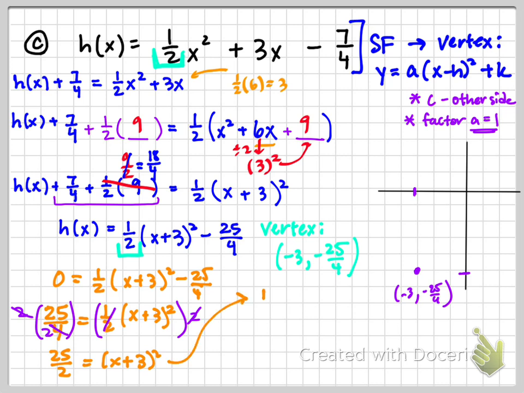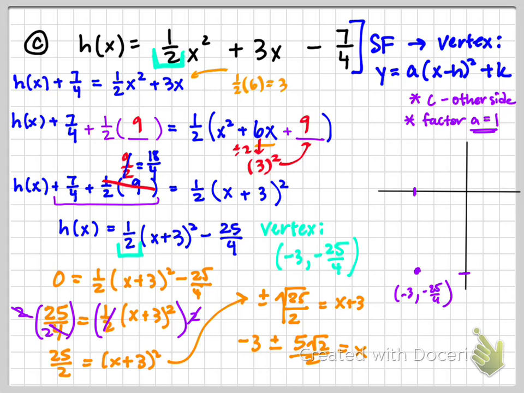You're left with the plus or minus the square root of 25 over 2, all under the radical. And then that equals x plus 3, minus 3 on both sides, so negative 3 plus or minus, we could call that 5 root 2 over 2 equals x. If you don't know what I did there, I rationalized my denominator.